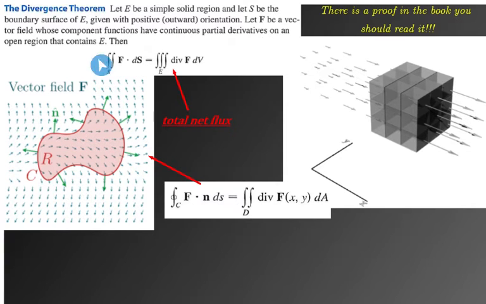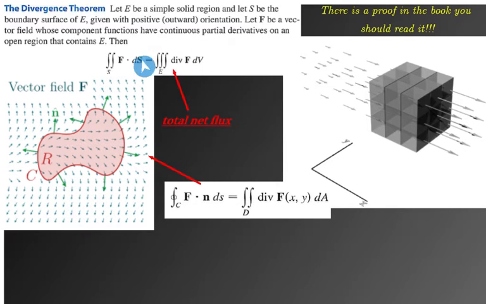Then it says that this surface integral, around the boundary surface of the thing, is actually just equal to the triple integral of the divergence of the field. If you remember divergence, you just add up the partial derivative with respect to x of the first component, plus the partial derivative with respect to y of the second, and so on.